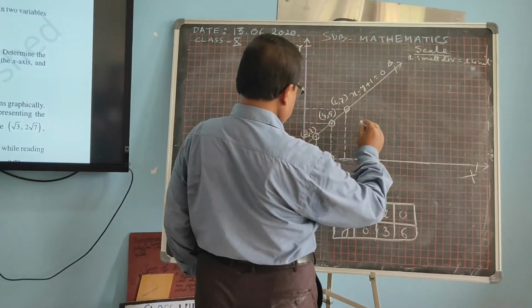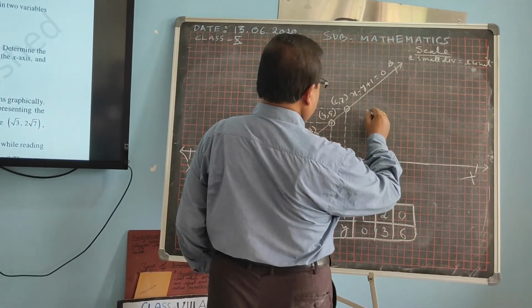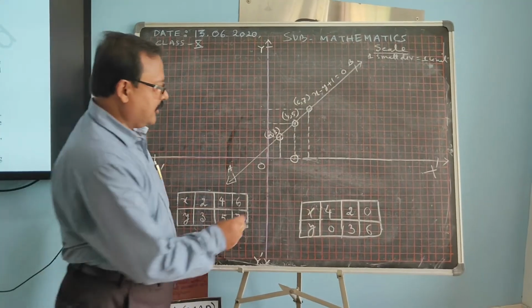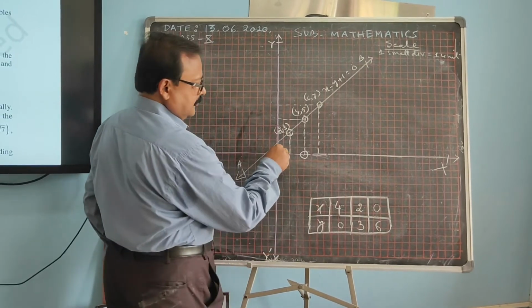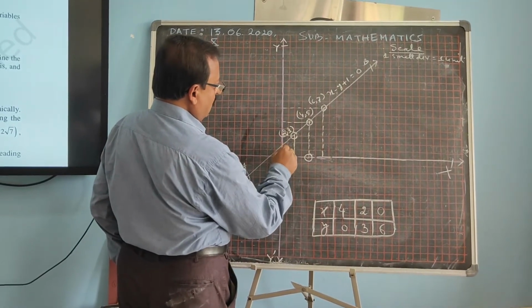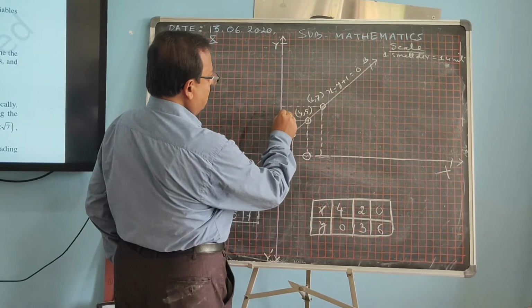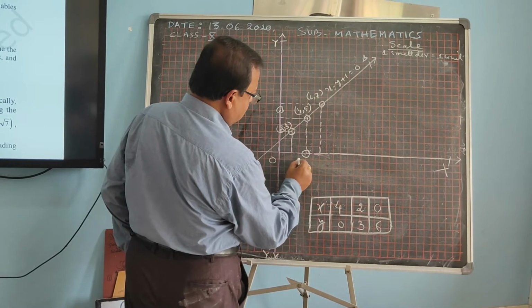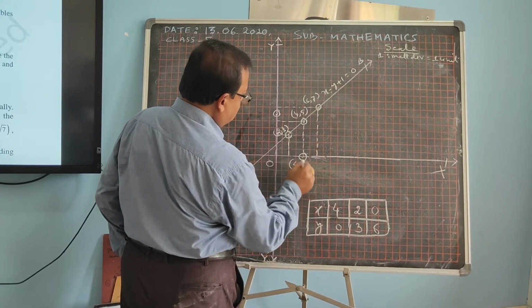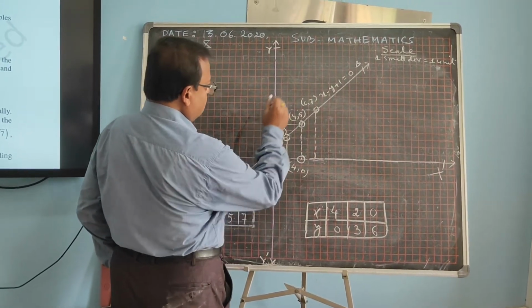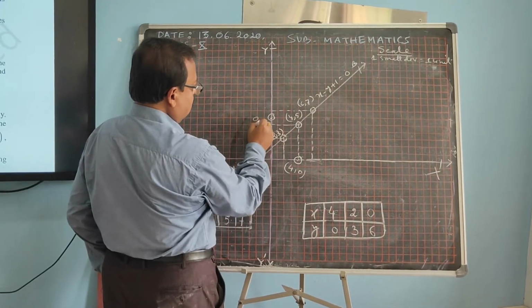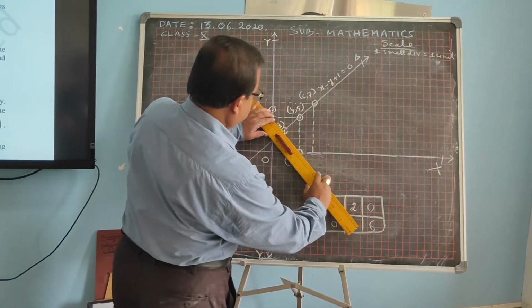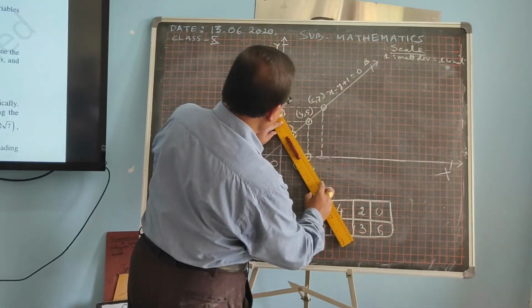Okay, next point 0, 6. Here, 1, 2, 3, 4, 5, 6, here 0, 6. Then you write the things: 4, 0, 2, 3 already, and 0, 6 point. Okay, student.